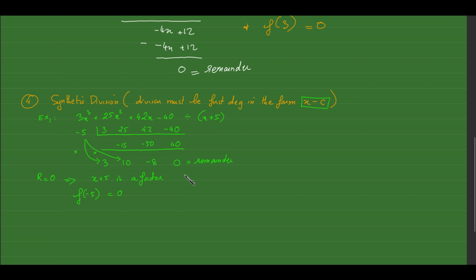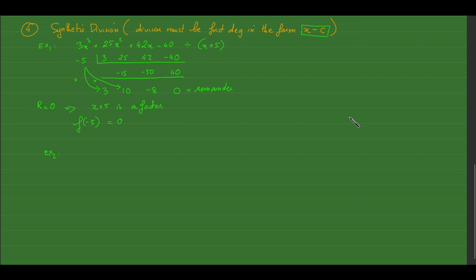Of course, sometimes the remainder is not zero. If the remainder is zero, that's excellent, it's great. But what if it's not zero? What can we do? For example number 2 right here, what if it's not zero?